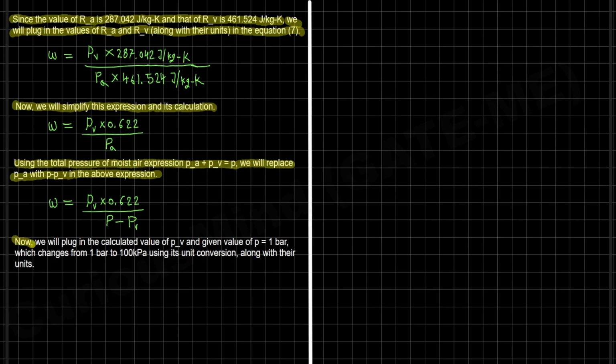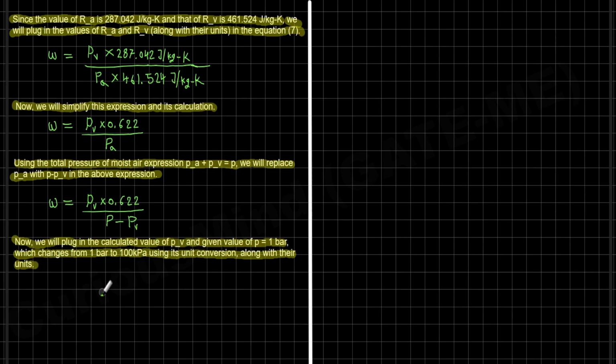Alright, now we will plug in the calculated value of PV and the given value of P, which is equal to 1 bar, which changes from 1 bar to 100 kilopascal using its unit conversion, along with their units.